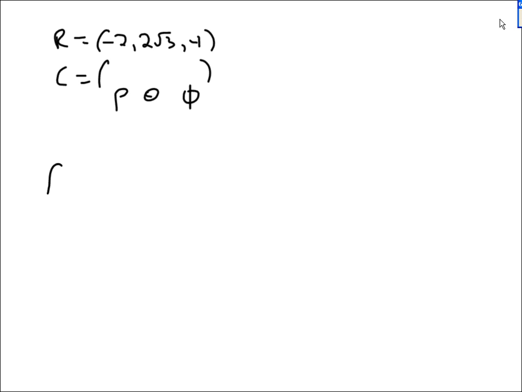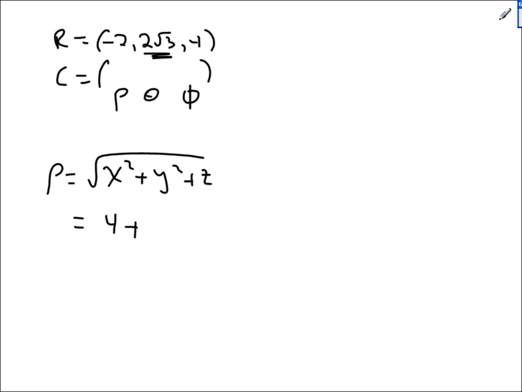Rho is easy. No point in finding rho squared, we'll just find rho. You square -2, you get 4. You square 2 square root of 3: 2 squared is 4, square root of 3 squared is 3, 4 times 3 is 12. Plus 4 squared is 16. You get 16 plus 16. I wouldn't say 32.